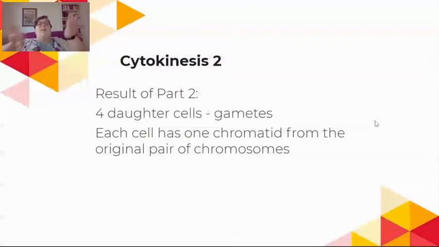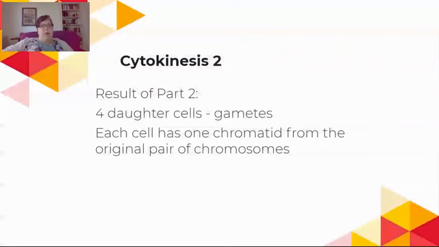So once each of those 2 daughter cells runs meiosis part 2, you end up with a total of 4 new daughter cells. Each of those cells has 1 single chromatid out of the original pair of chromosomes. And we call these cells gametes.